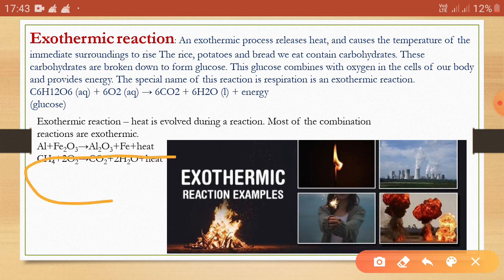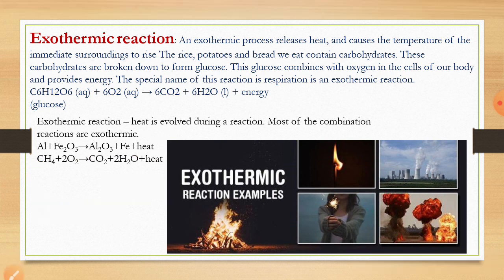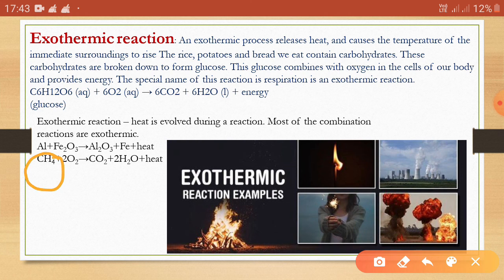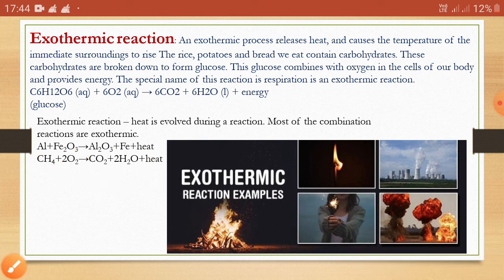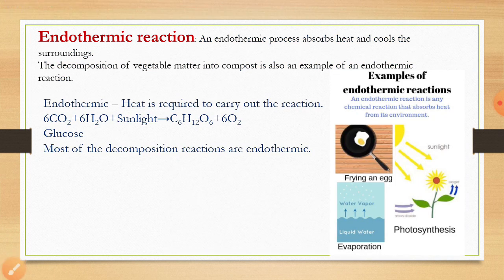Another example is when CH4, methane, reacts with oxygen, it gives us carbon dioxide CO2 and water H2O and heat. Both of these examples release heat, so they are known as exothermic examples. Go to the next slide.